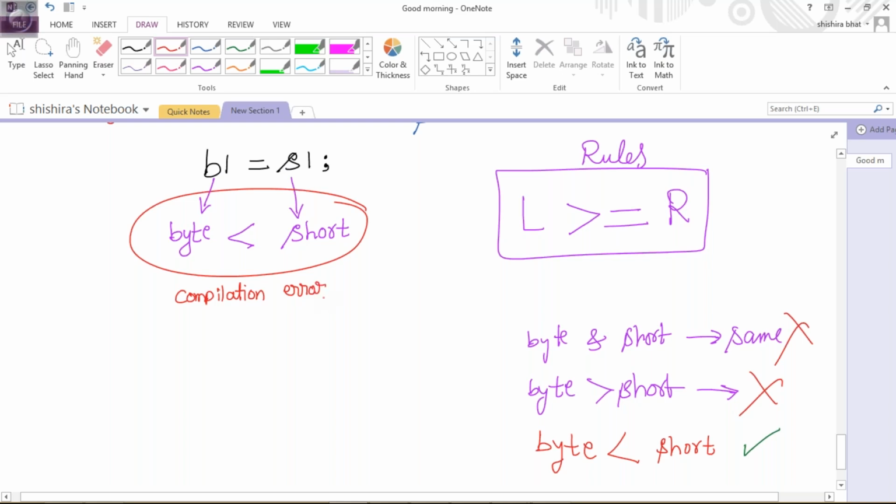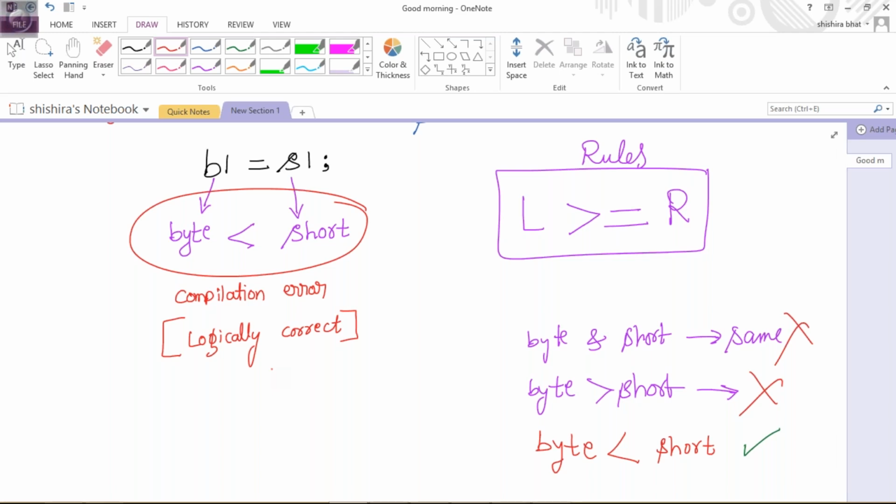Compilation error. But observe, here is the trick. Logically correct, but compilation wise, it is wrong. Able to understand? So what is the meaning of it?